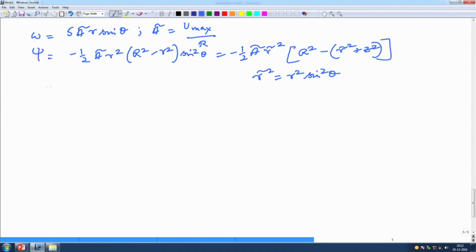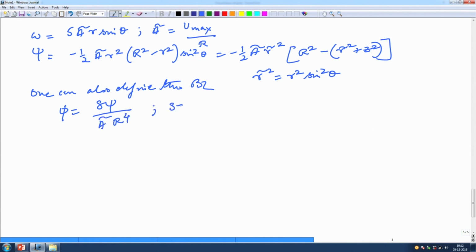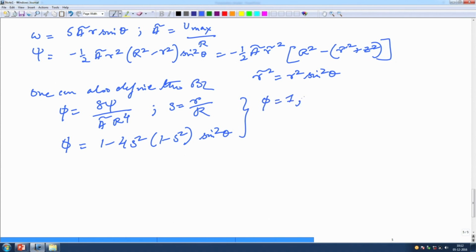One can also define the boundary layer as phi equal to 8 psi by a tilde R to the power of 4, with s equal to small r by capital R. This is just a coordinate transform, and this is also written as 4 by s square, 1 minus s square, sin square theta. This is subjected to the condition that phi is equal to 1 when s is equal to 1, that is at the interface.